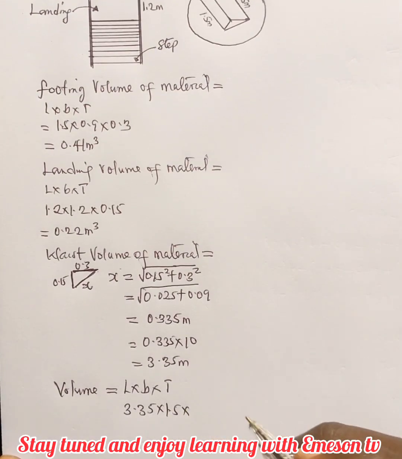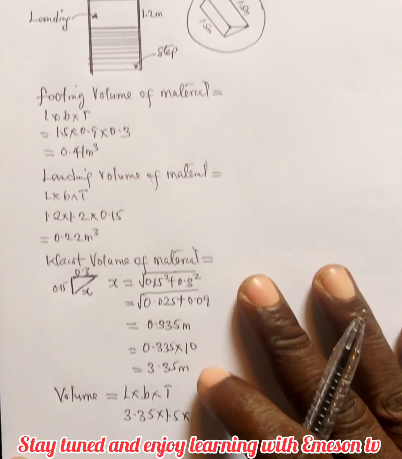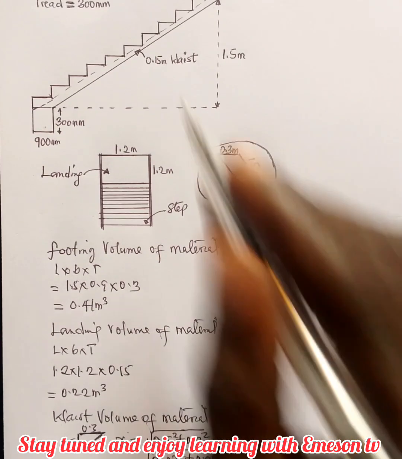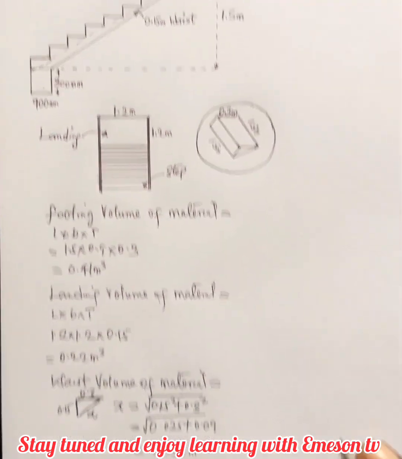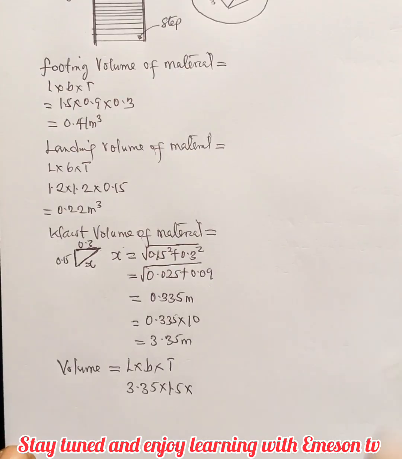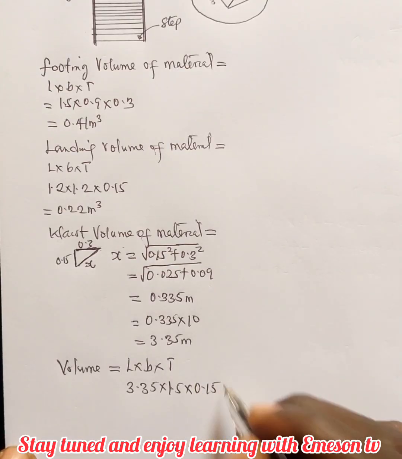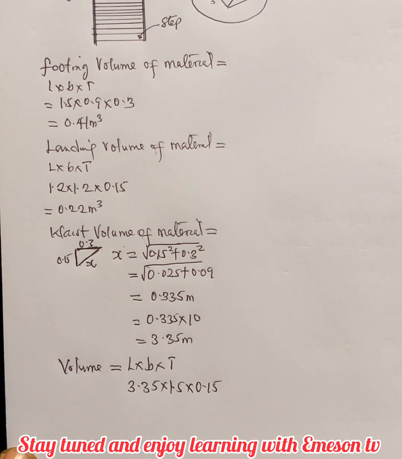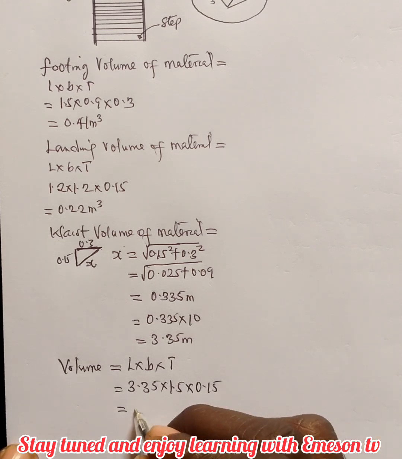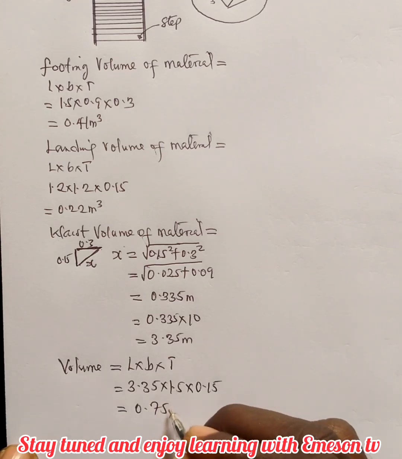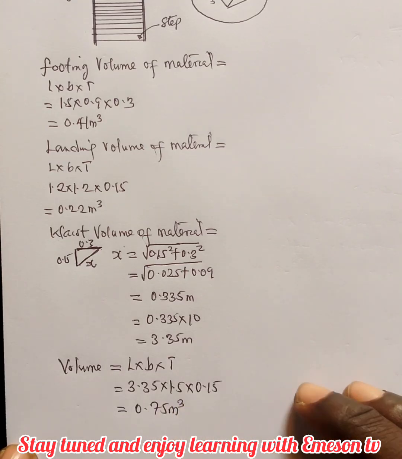The thickness is this, 0.15. So we'll multiply, and we're having 0.75 meter cube. This is for the waist.